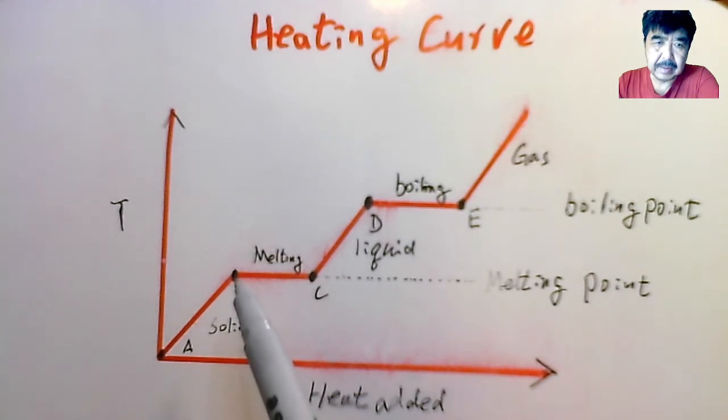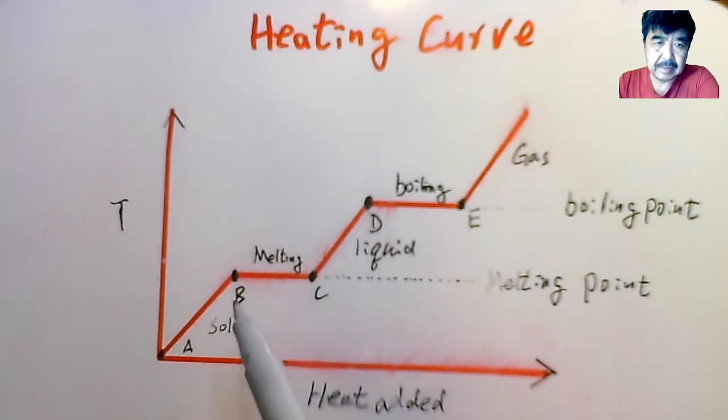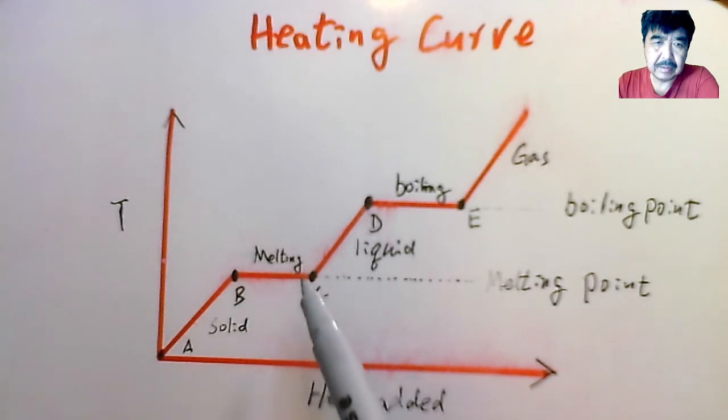Then we continue to add heat. From point B to point C, the temperature keeps constant, but the melting process continues until all the solid molecules become liquid at point C. At point C, the matter is completely in liquid phase.